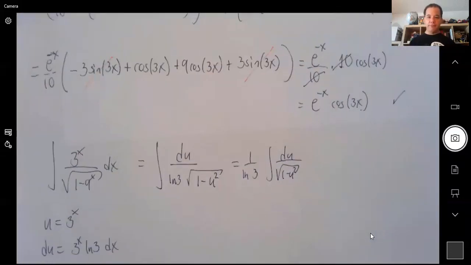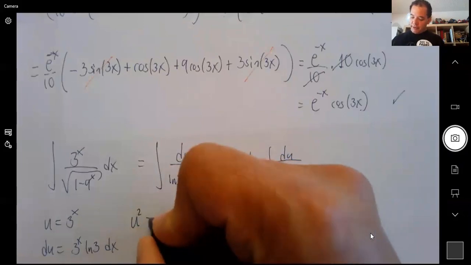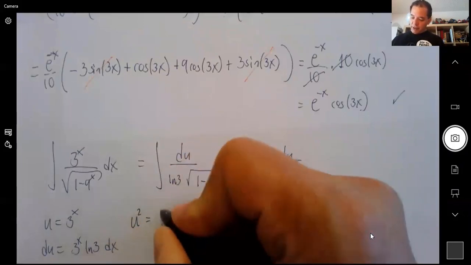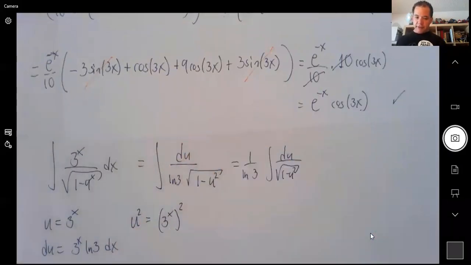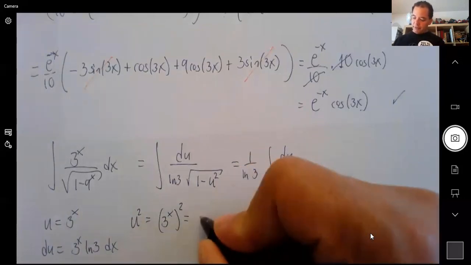How come u squared isn't 9 to the 2x? How come it's just 9 to the x? When you do u squared, you would do 3 to the x to the second power, right? And by the rules of exponents, you multiply these two.